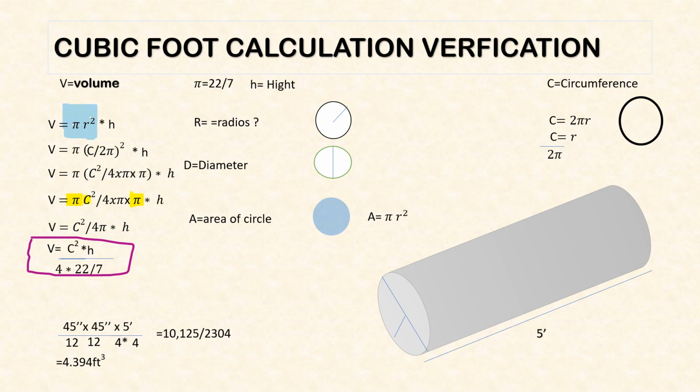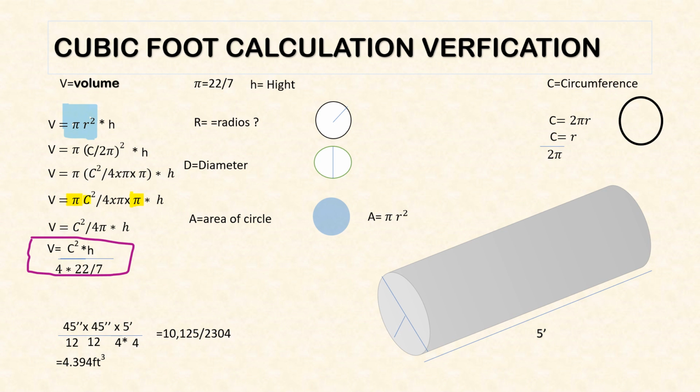You all can see the picture of a cylinder in the lower right corner of the slide, and it further shows how it is to be measured in terms of its volume.